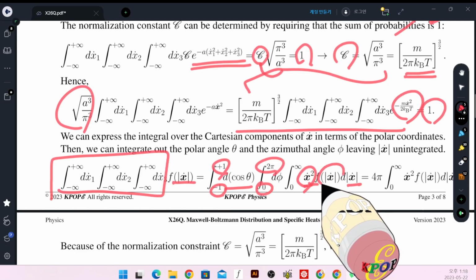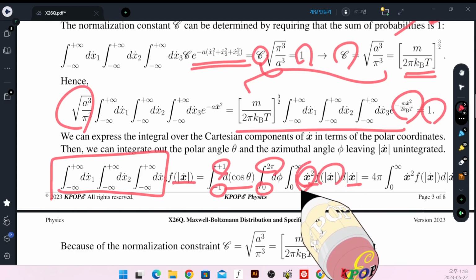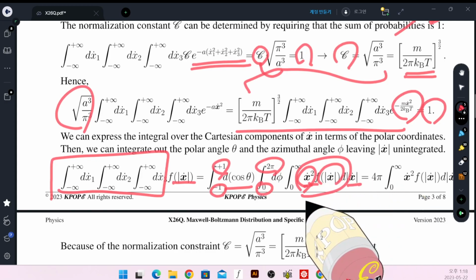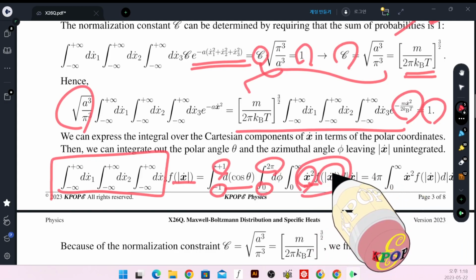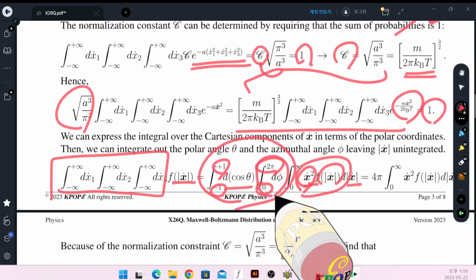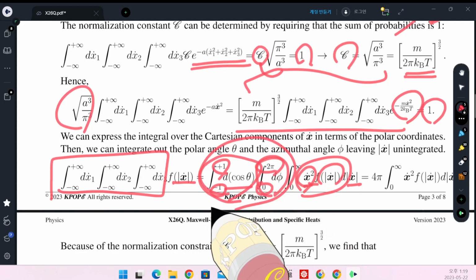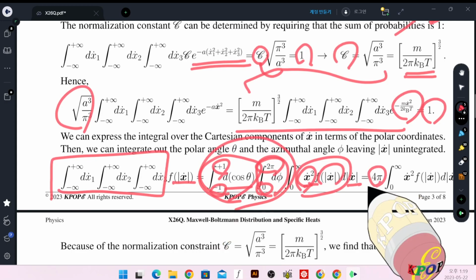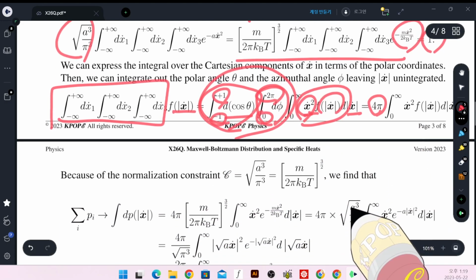Because the integrand, that includes the Jacobian of radius, is independent of angle, this angular part is just 4 pi. 2 pi comes from the azimuthal angle, and the polar angle integral yields a factor of 2 to have 4 pi, that is the solid angle in 3 dimensions.